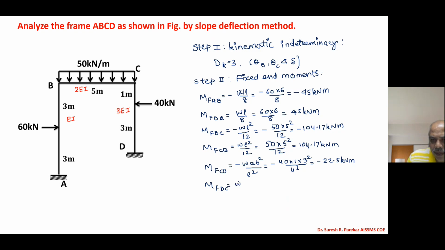MFDC is WA square B upon L square, 7.5. So this is step 2. Then we will switch over to step 3.